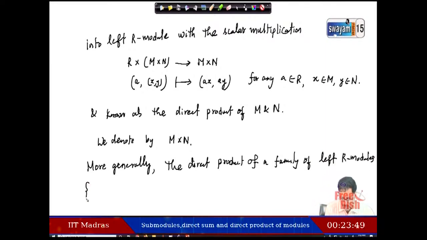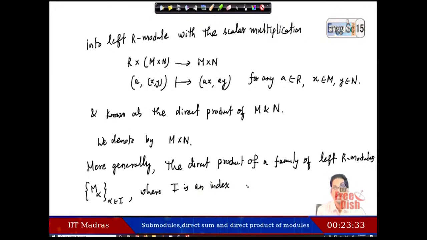Let us say that family is M alpha, alpha belonging to some index set I. This can be finite, infinite, countable, or countably infinite.